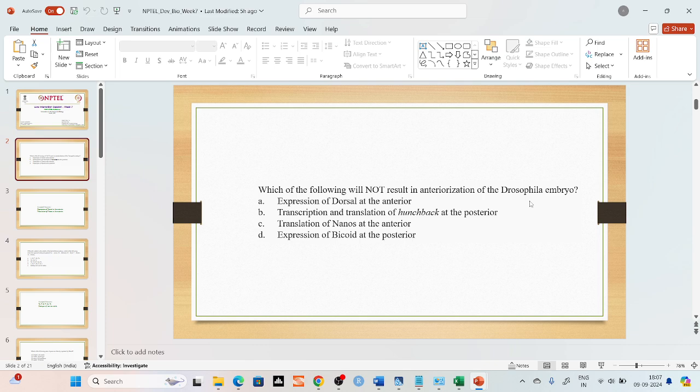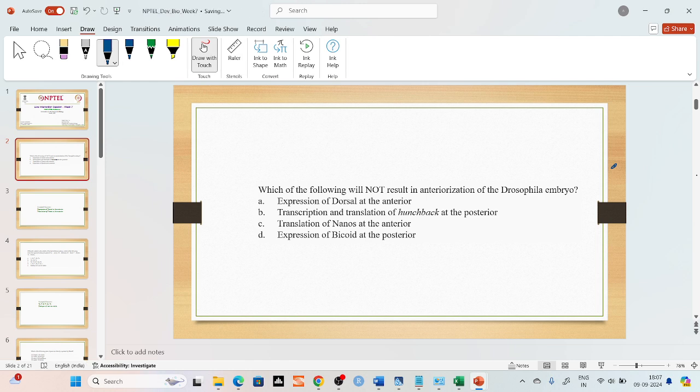Now we'll try to analyze each and every statement. First of all, let me mark the correct answers. The correct ones are A and C. The question says, which of the following will not result in anteriorization of the Drosophila embryo?